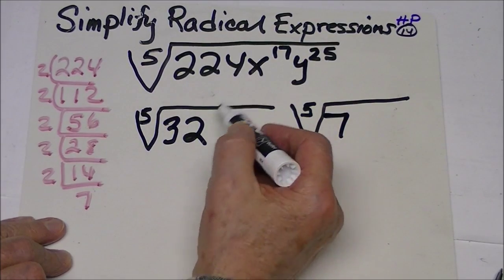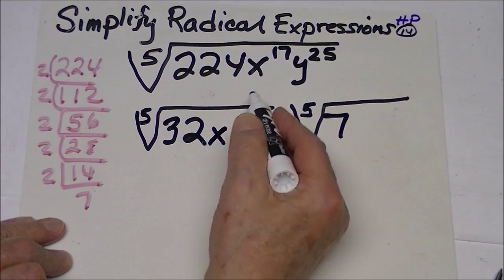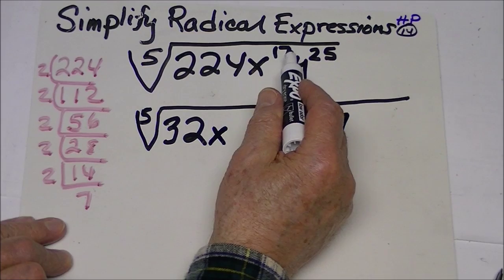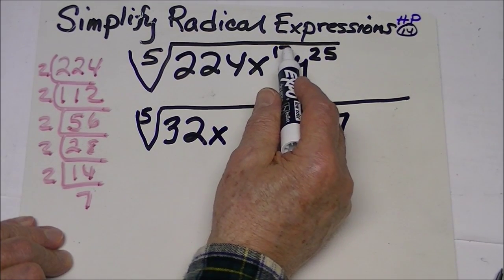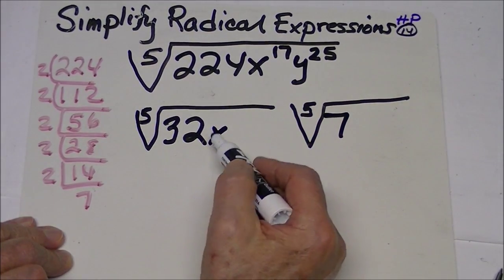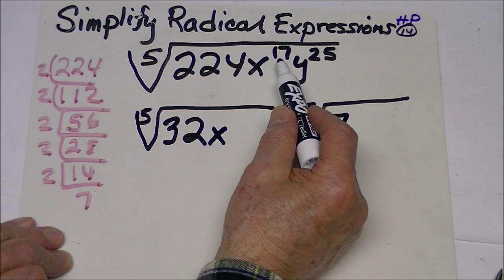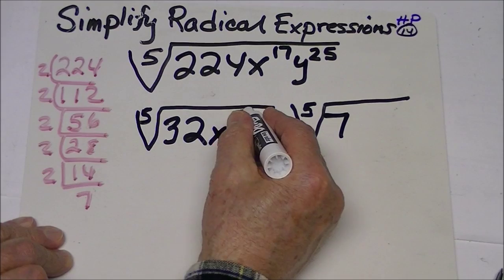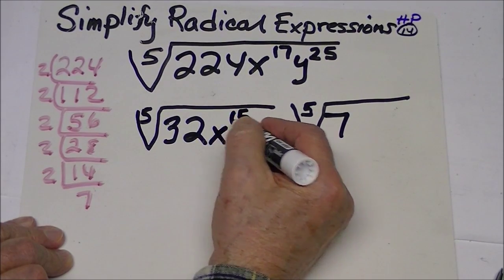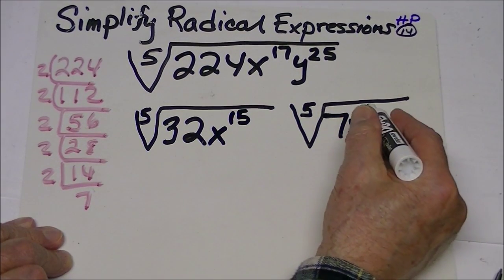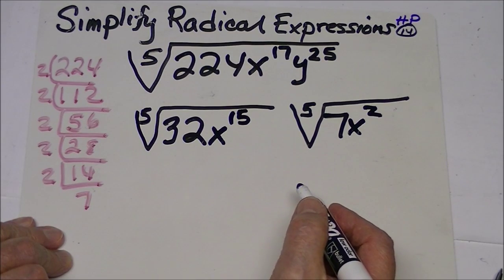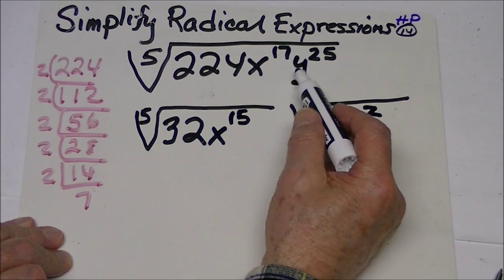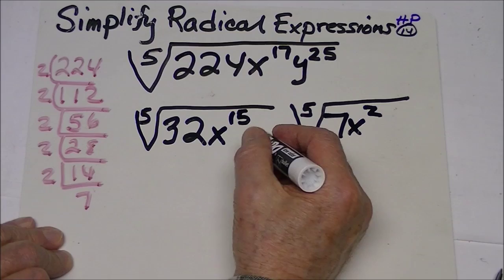Now we look at x. We have x to the 17th. What is a perfect fifth power of x? Well, it would be multiples of 5, so that would be 15. And what's left over? This times x to the second. Now, y to the 25th is a perfect fifth.